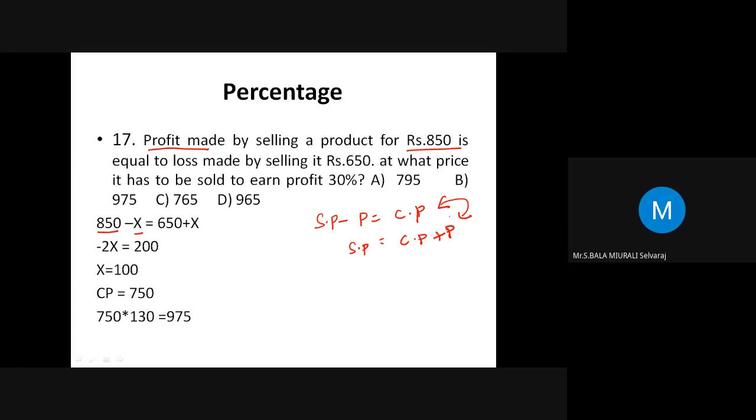So this 850 minus X becomes the cost price. Correct? This part. Yes, sir. On 650, they are telling they're selling the product for 650 and they're making a loss. See here, this loss I add up with the cost price.